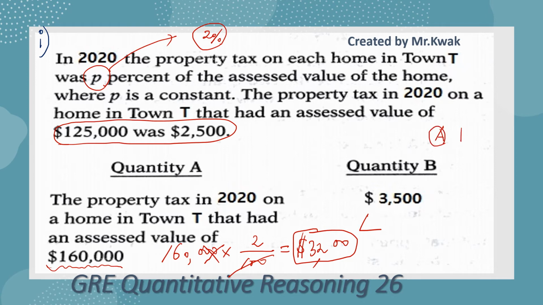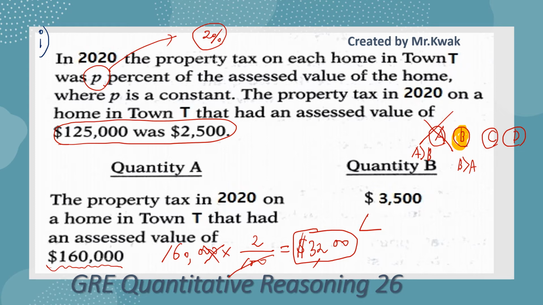So A, B, C, D. What was A? A means A is larger than B. Is that correct? No. B means B is larger than A. Is that correct? Definitely true. Definitely. So I'm gonna circle like this way. What about C? What does C mean?